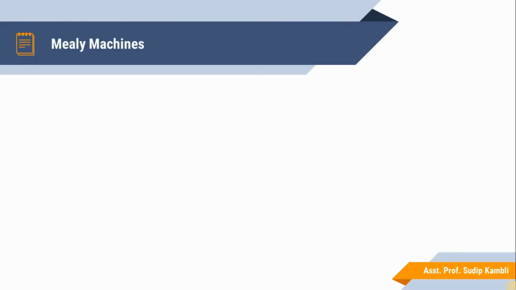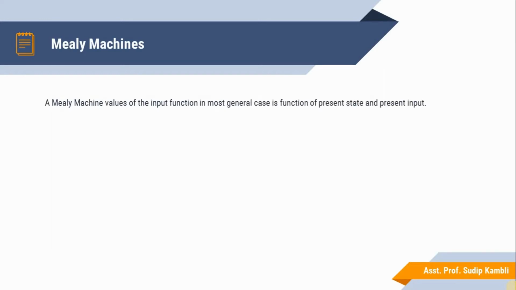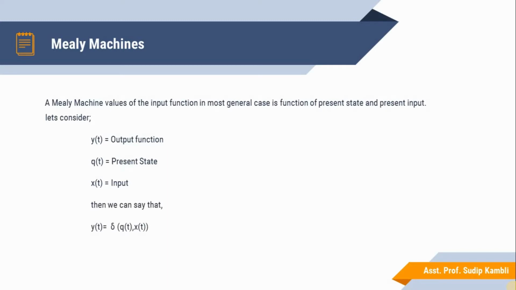In a Mealy machine, the output function in the most general case is a function of the present state and present input. Let's consider yt as the output, qt as the present state and xt as the input. Then we can say yt is equal to lambda of qt and xt.